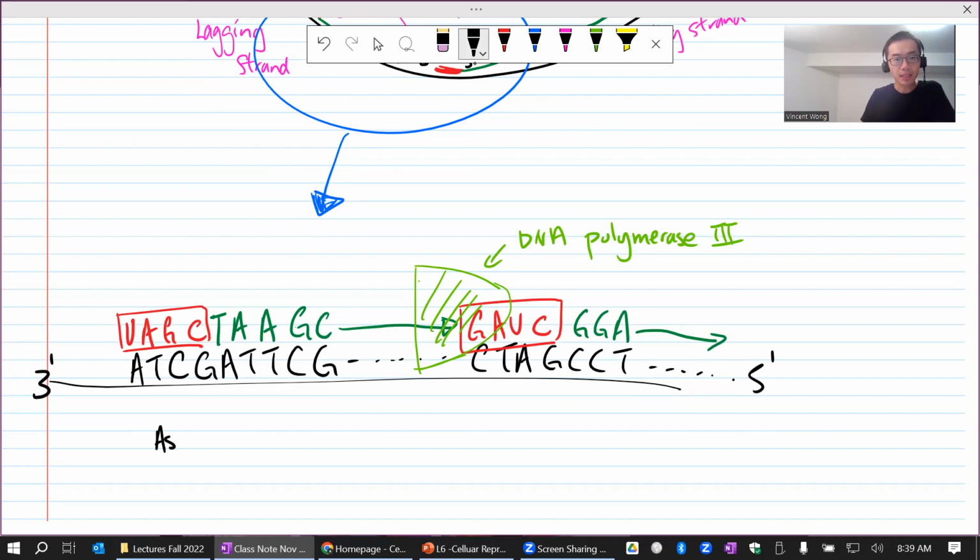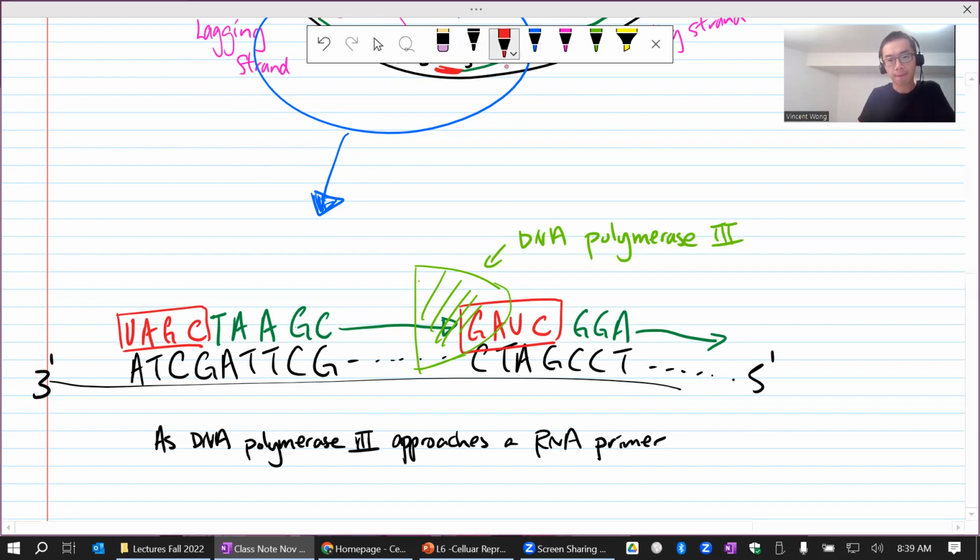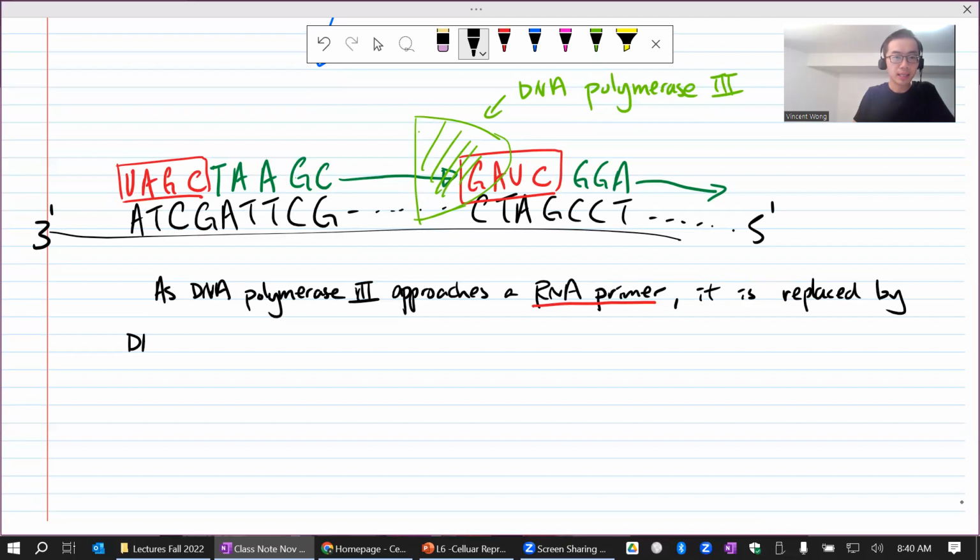So as DNA polymerase 3 approaches a primer, the red stuff, as it approaches the RNA primer, it is replaced by DNA polymerase 1.